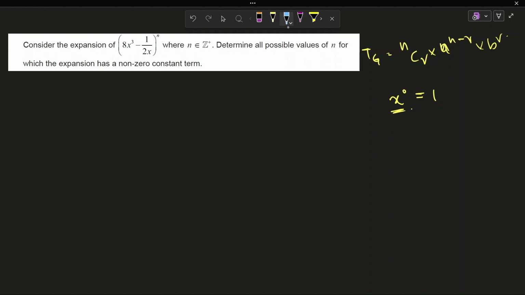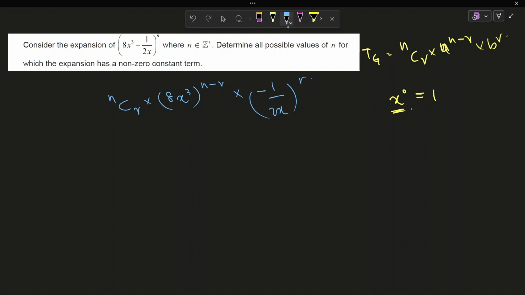So let's rewrite this. We're going to have nCr times 8x cubed to the power n minus r times minus 1 by 2x to the power r.